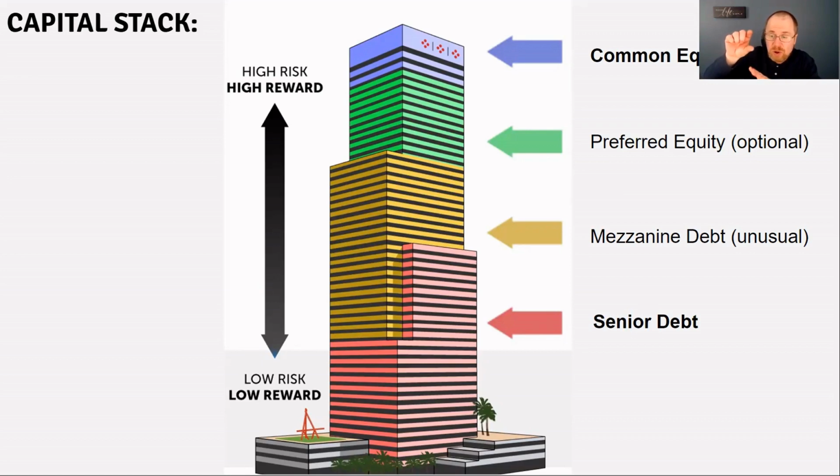If anything goes wrong, you have to remember you're going to be paid last as common equity. So that's the risk. When I see deals with 60, 70, 80% of preferred equity compared to the common equity, I don't think it's a good idea to invest because the risk is too high in that case.